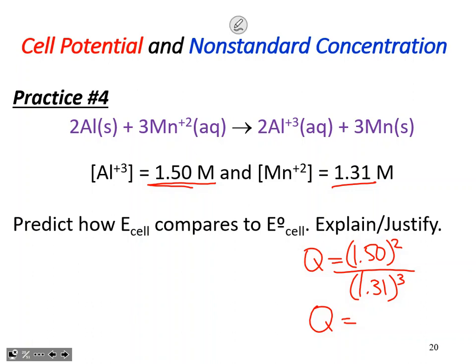Q actually equals 1.00 whatever. So Q equals 1 here. That means that your non-standard E cell is equal to the standard E cell. So I don't know why anybody would do this. Why not stick with 1 molar solutions? Seems like that would be better, just to go with standard conditions.